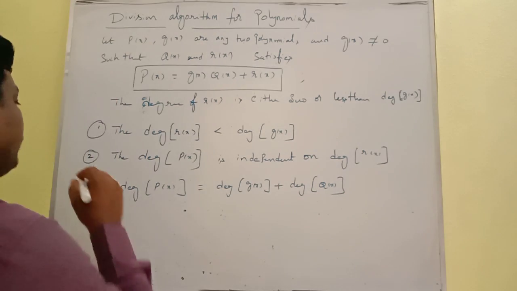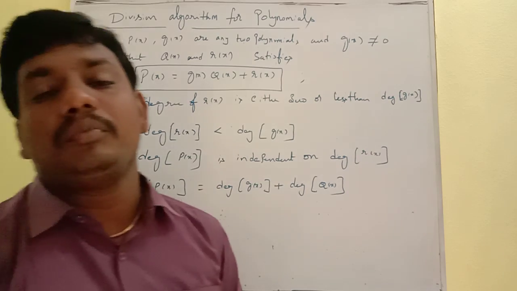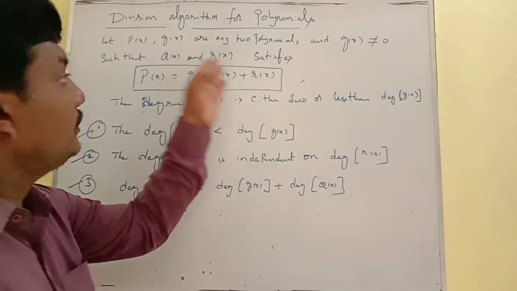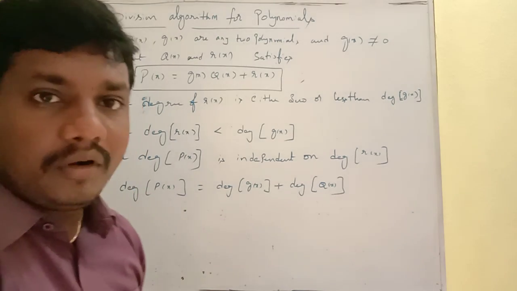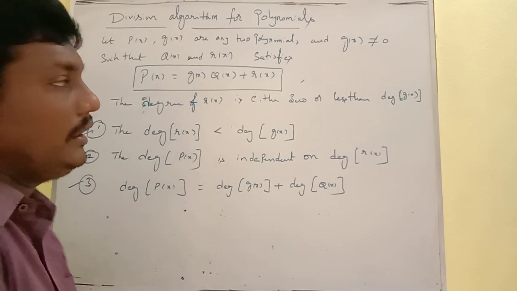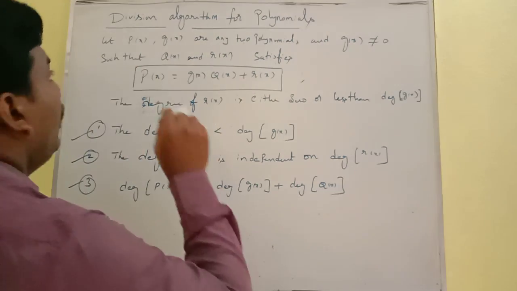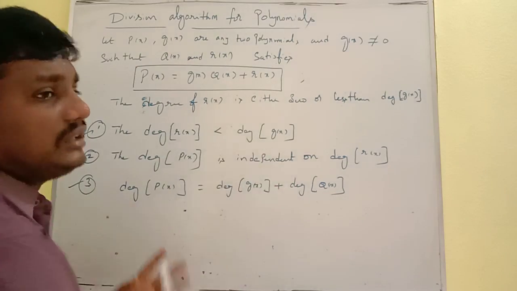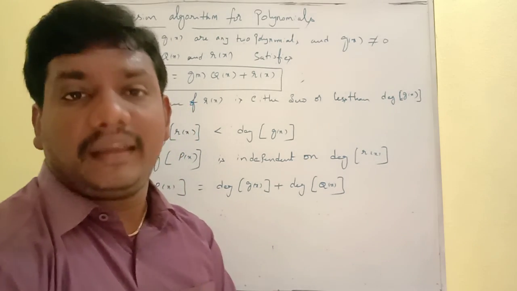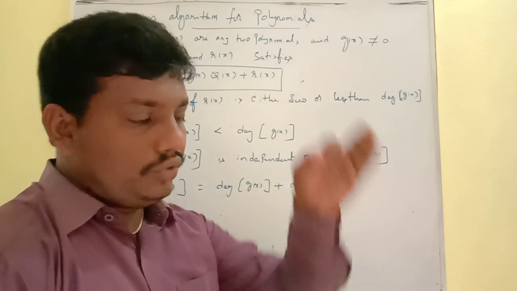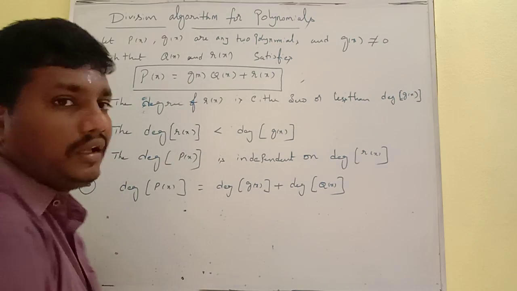These 3 points we have to remember to write examples of polynomials which satisfy the division algorithm. A very important question, a very important concept in our 10th class. You have to give some examples for p of x, g of x, q of x and r of x, but those 4 polynomials should satisfy the division algorithm.